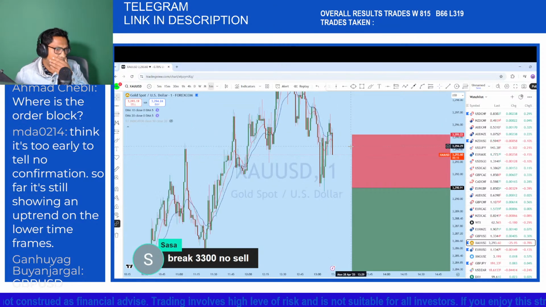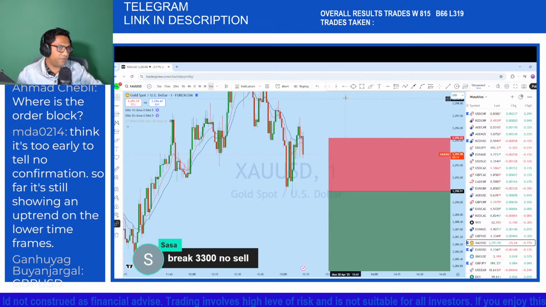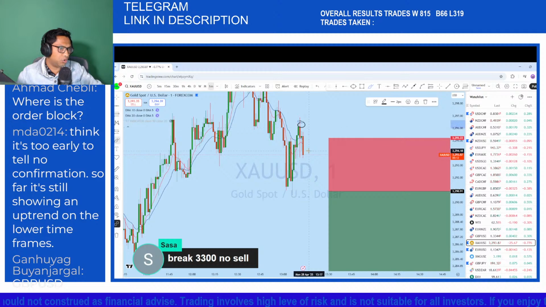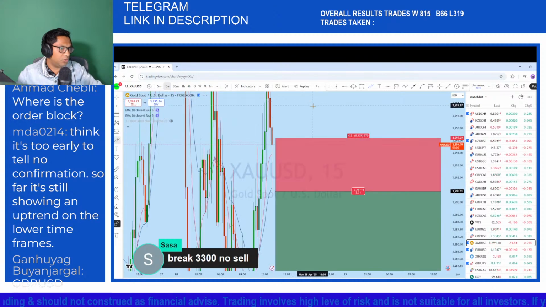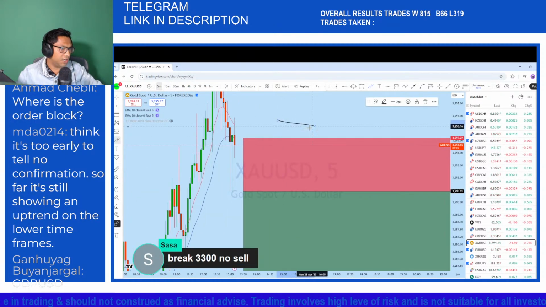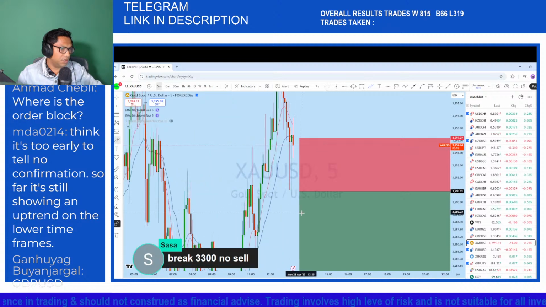So we can see the market here has formed a head and shoulders, and from that head and shoulders we could see the price potentially come back here to the support level.